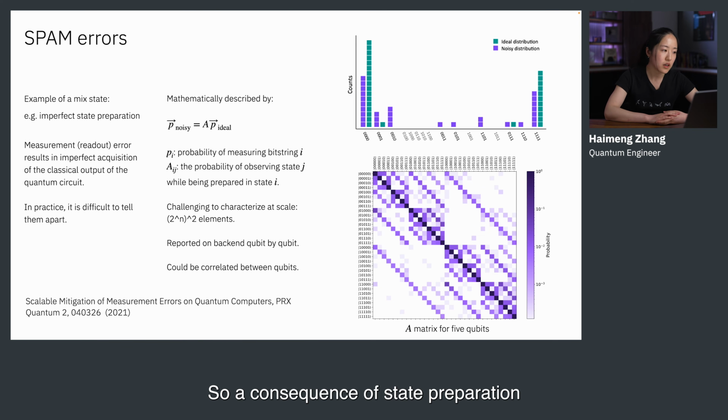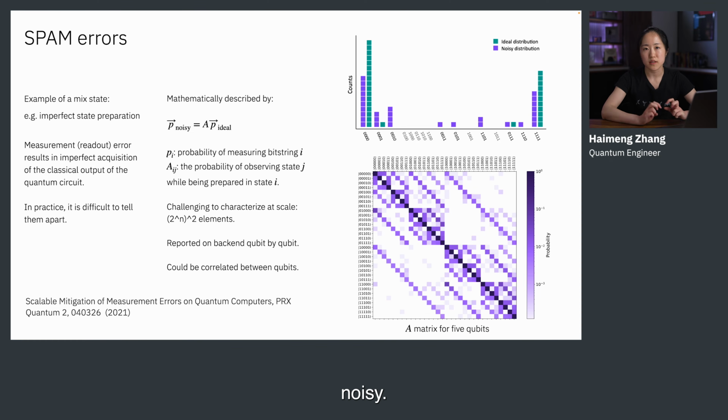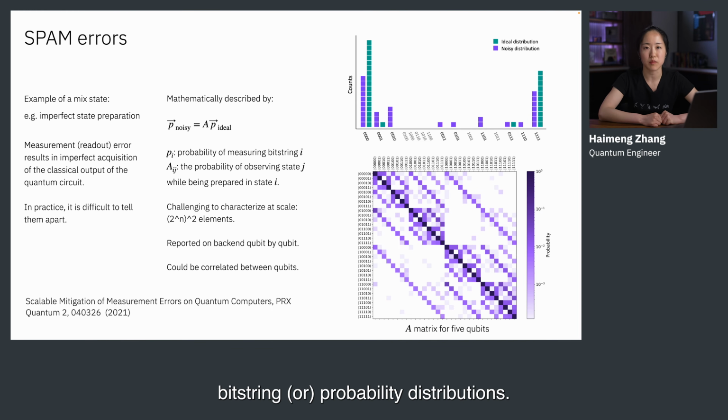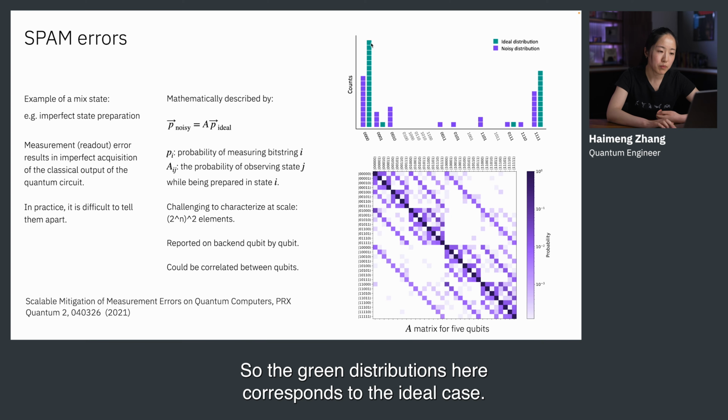A consequence of state preparation and measurement errors is that after measurement, we will get noisy bit string probability distributions. What do I mean by that? Suppose we have an ideal GHZ state for 4 qubits. The green distribution here corresponds to the ideal case.